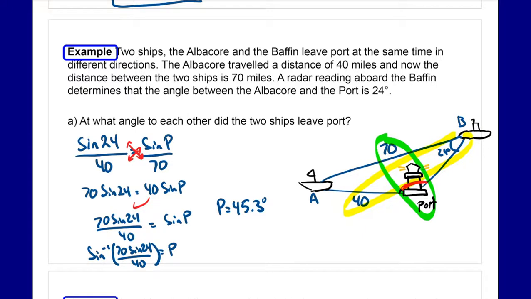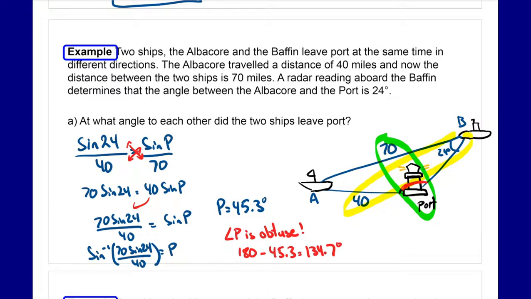But does that make sense? Does that look like what our angle is? In this case, no. Because they're heading in two different directions, it needs to be an obtuse angle. So angle P has to be obtuse. So since that's the case, we have to take our angle and subtract it from 180. And we get 134.7 degrees.